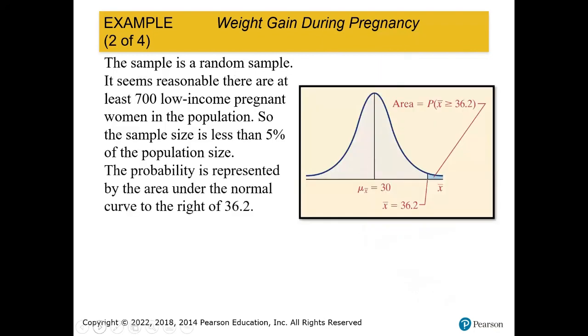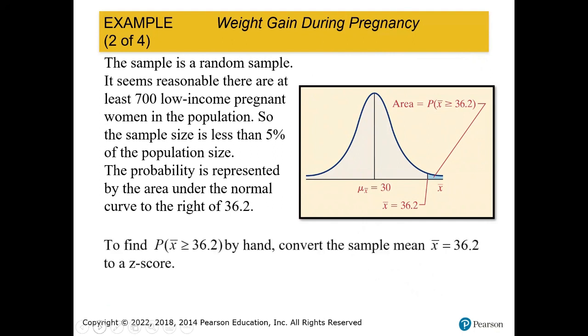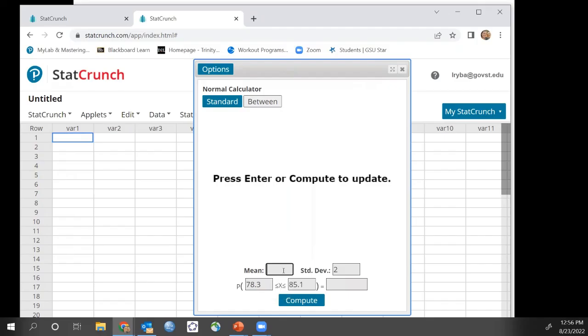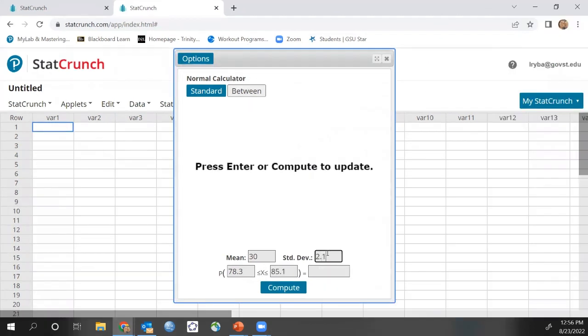Now we want to find the probability that we got greater than 36.2 for our average. So we're not going to do it by hand. We are going to use our curve here. So it was 30 pounds with a standard deviation. Our calculated standard deviation was 2.1805.